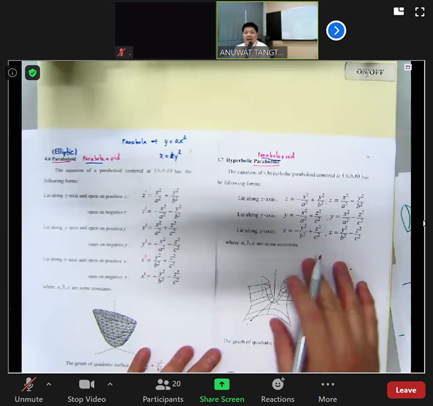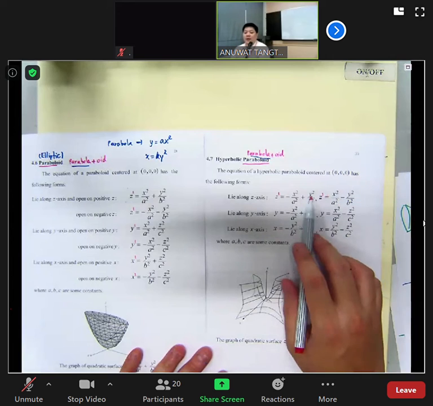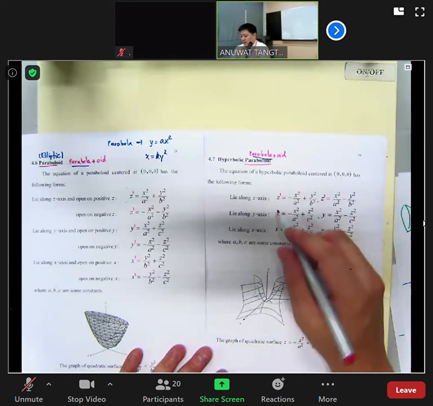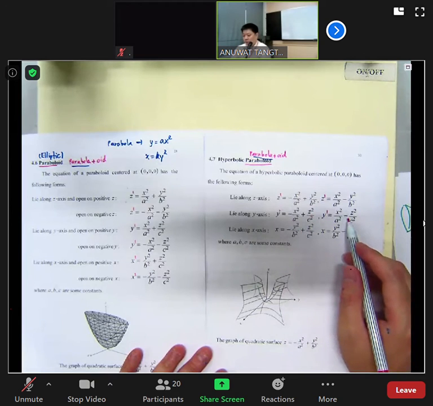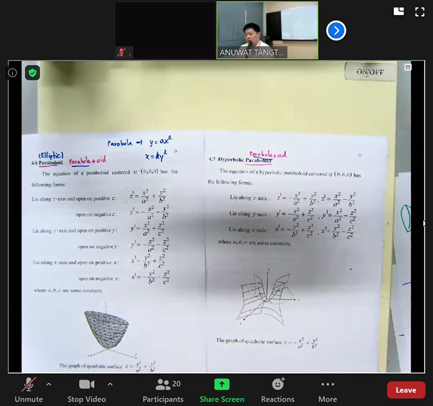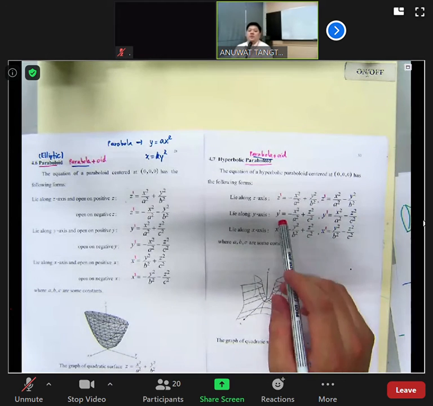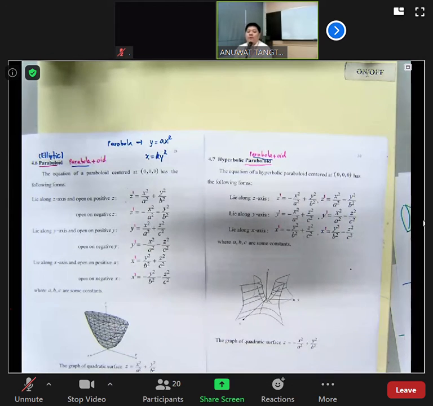Or even the hyperbolic paraboloid, z to the 1 and x and y come out to be squares; y to the 1, x and z come out to be squares; and x to the 1 and y and z would be squares. Okay, remember, to be a paraboloid or hyperbolic paraboloid, one variable would have exponent 1, and the other 2 variables would have exponent 2. That would be the characteristic of the paraboloid.